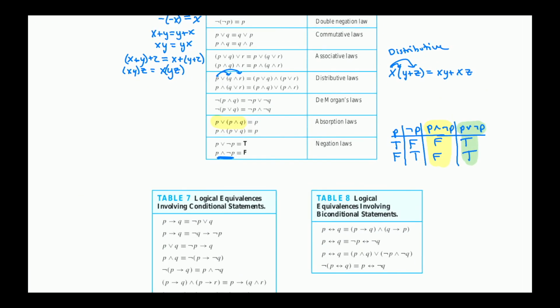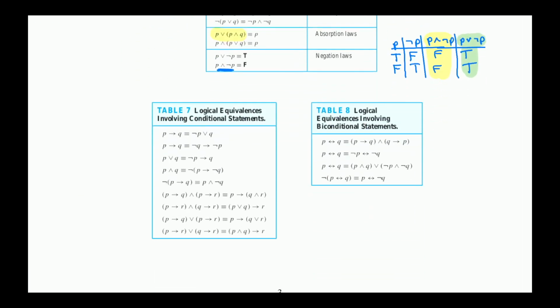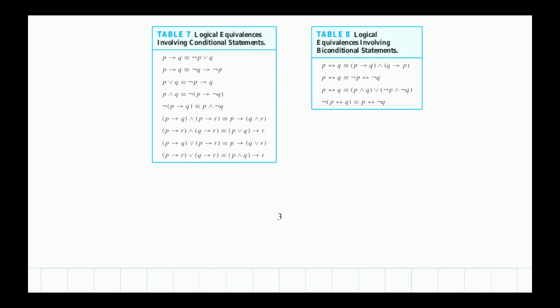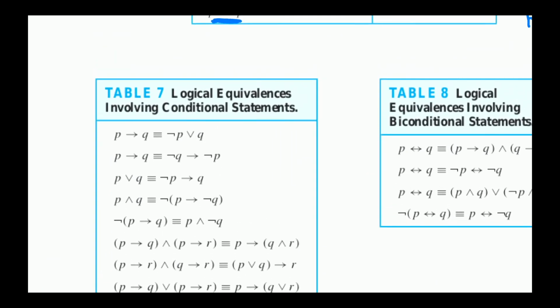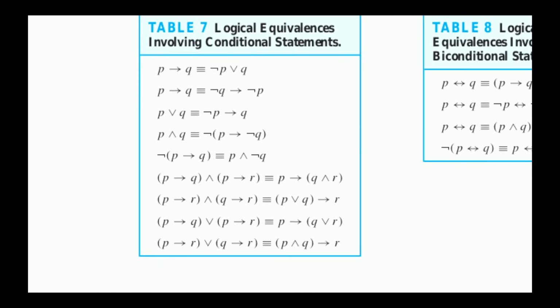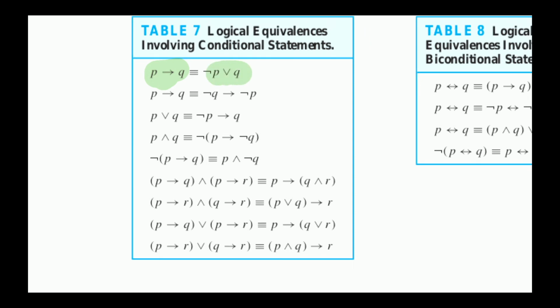And so those are the ones that have names. And then there's a whole bunch of other ones that don't have names, and we're not going to talk about very much at all. But here they are. Logical equivalences involving conditional statements. Now, what these are for is, in logic, an if-then statement can actually be rewritten just with ands and ors.